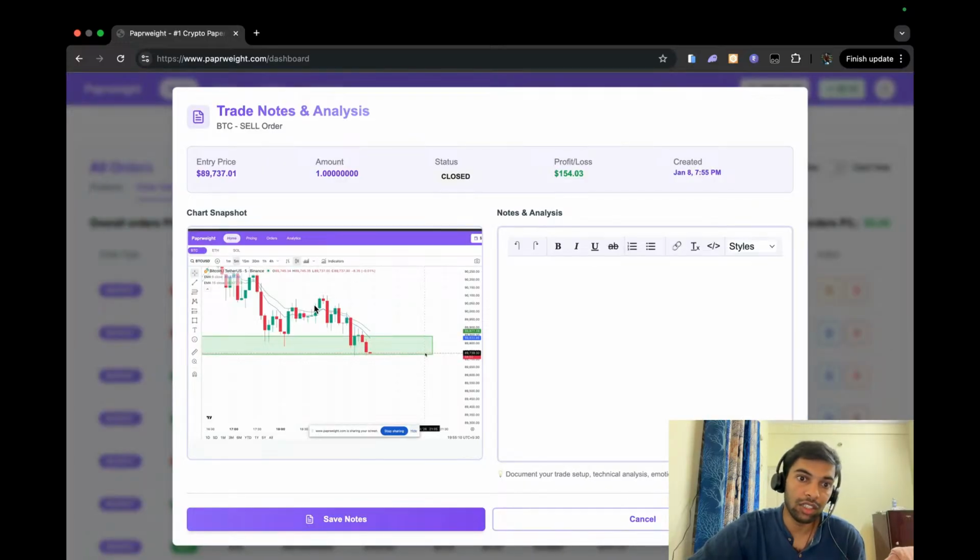This is the chart screenshot from when I took the trade and punched the sell order. The recorded profit is $154, and I know this is 89737, and 89737 is somewhere here. Somewhere here, I punched the trade and booked the profit, and I jumped out of the trade because I saw something.